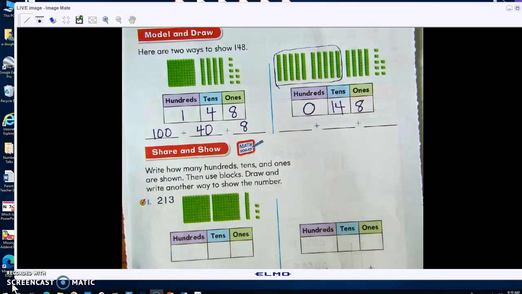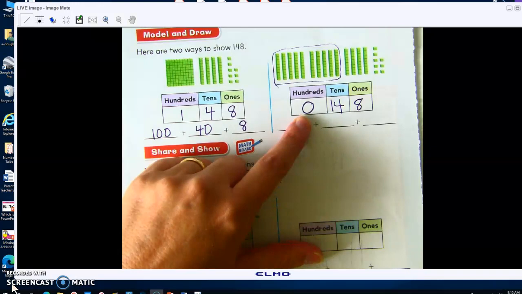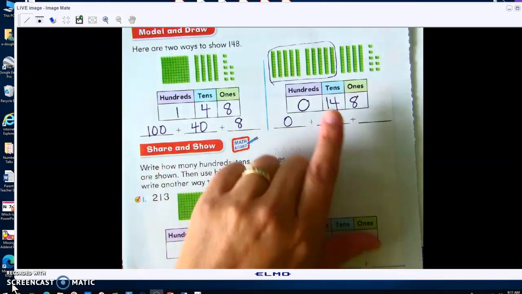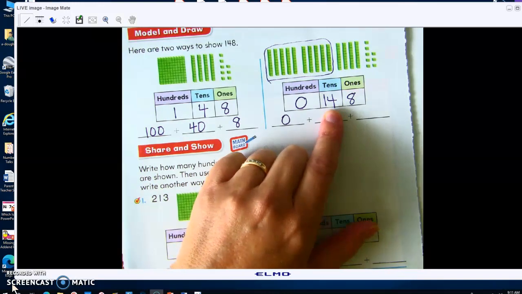So now, what is the value of my hundreds that you see? 0. What is the value of my tens that you see? 14. No, not 14. Cooper? 41. No, not 41. Chase? 40. No.